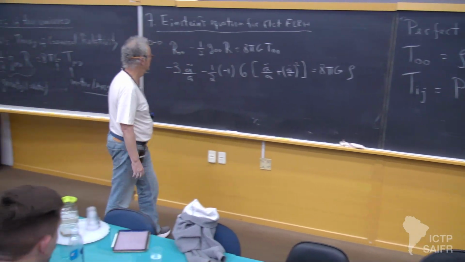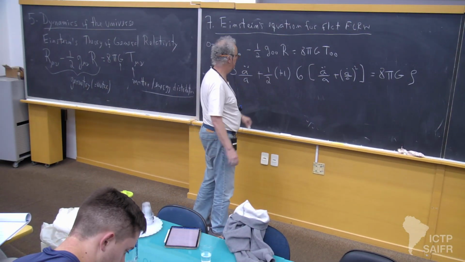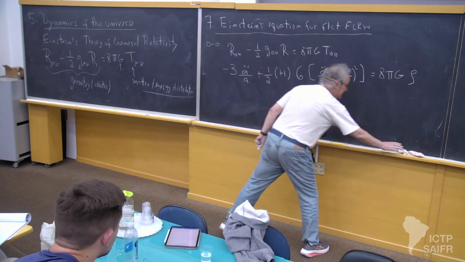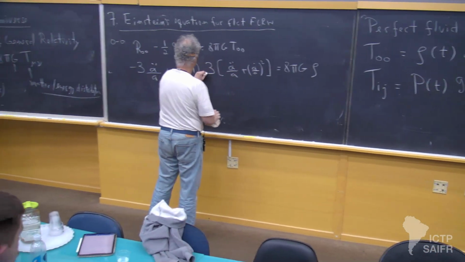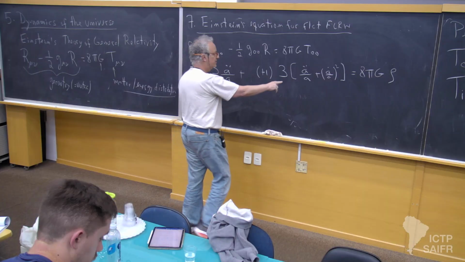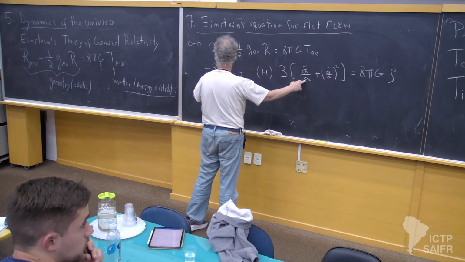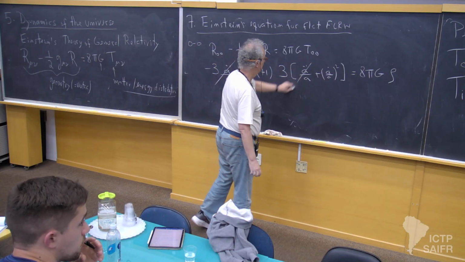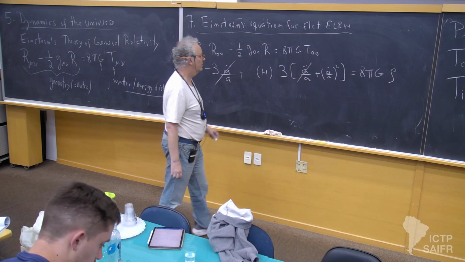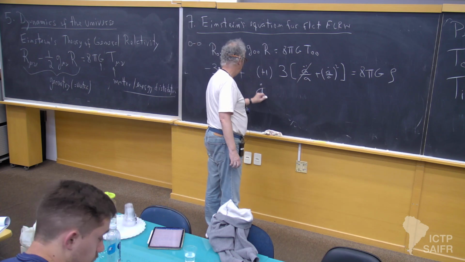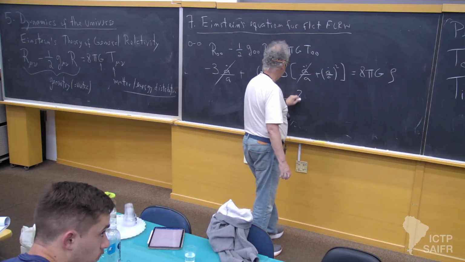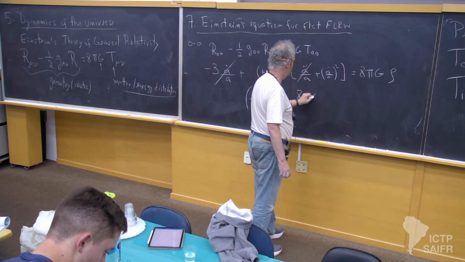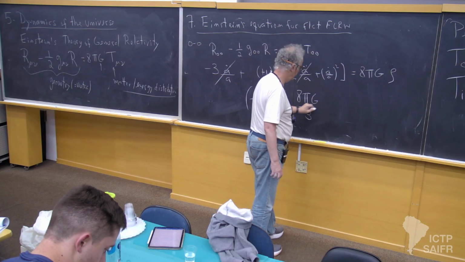Right? So this cancels, so this is 3. So what you see is that there's 3 a double dot over a minus 3 a double dot over a. This cancels. So the equation is a dot over a squared equals 8 pi G over 3 rho of t.